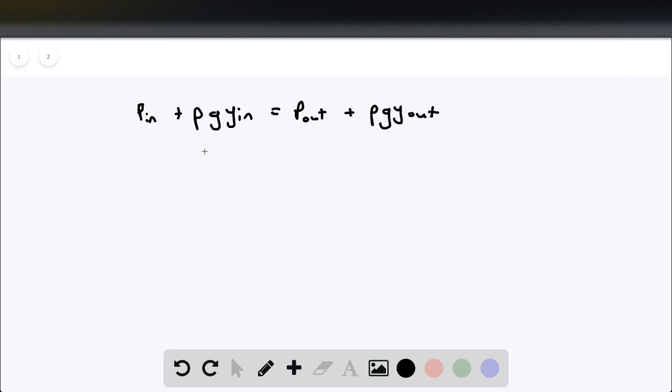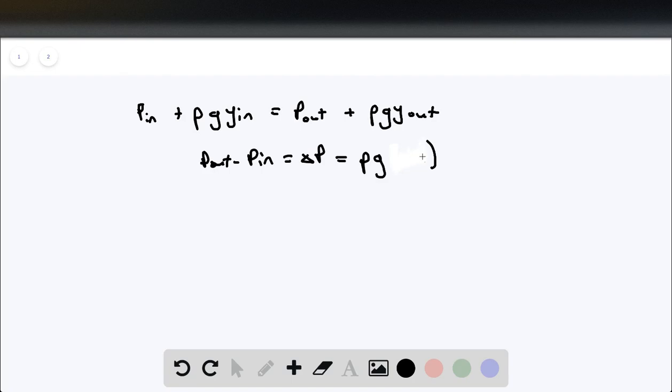And then we have P out minus P in. If we call this delta P, and Y in, really we're thinking here that the pressure difference is coming about from the difference between these two heights.